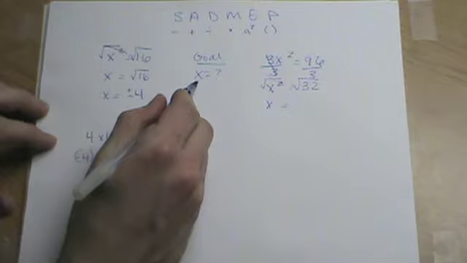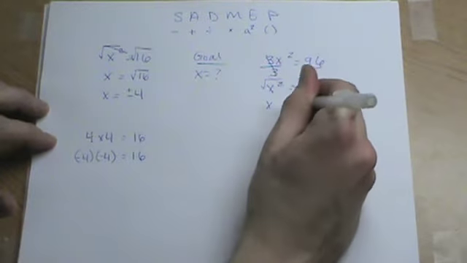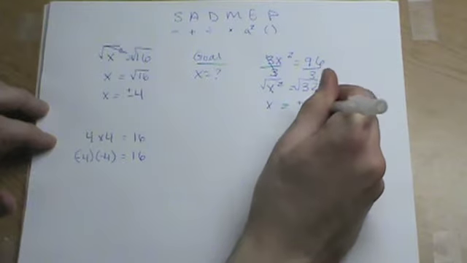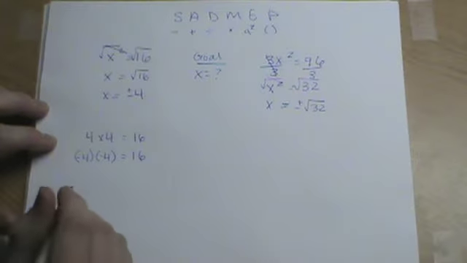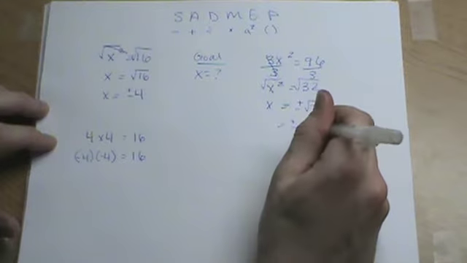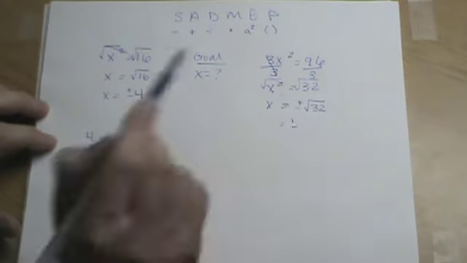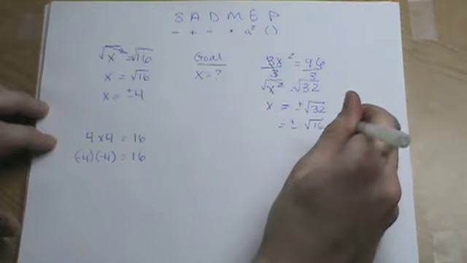Remember, our goal is to get x equal to something. And over here, we have plus or minus the square root of 32. So what's the square root of 32? Well, that's not a perfect square, so we actually have to do some work. So we're going to write plus or minus still. What times what equals 32? Well, 16 times 2 equals 32. So I'm going to write the square root of 16 times the square root of 2.